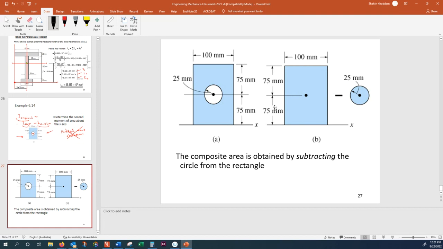Secondly, we realized that the performance of a beam structure relies not only on the load or geometry, but also on the second moment of inertia. Moment of inertia is very important.